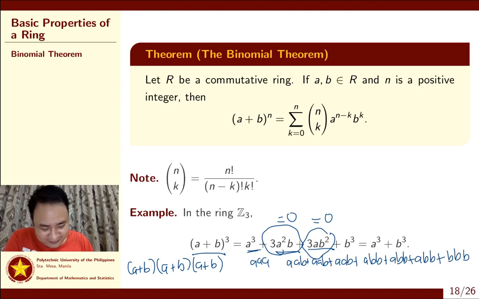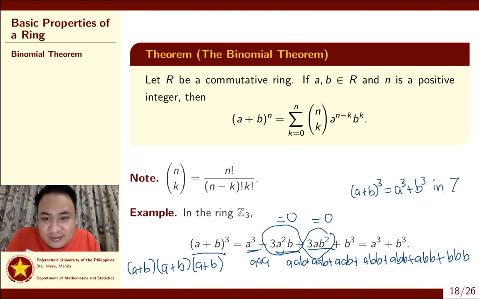Weird, no? Kasi nung mga bata kayo, pinagbabawal ito. Pero sa Z sub 3, it even holds. In fact, nag-hold yan sa lahat ng Z sub p where p is prime. Okay?